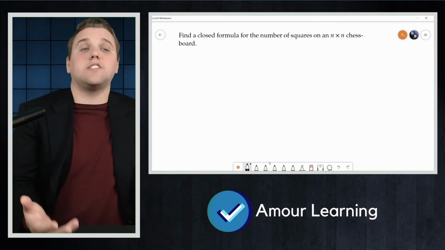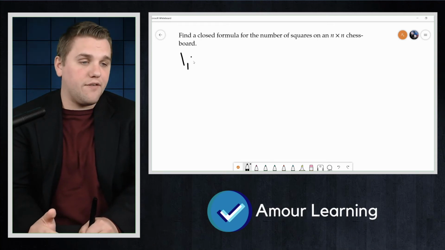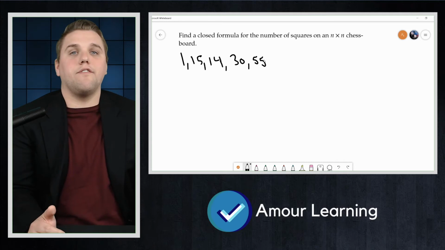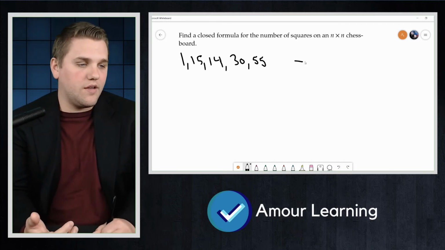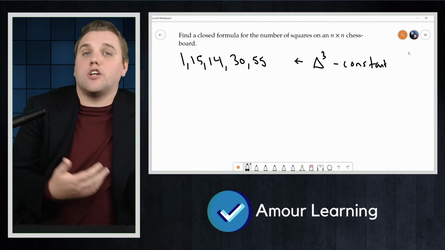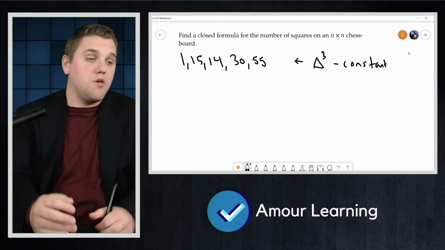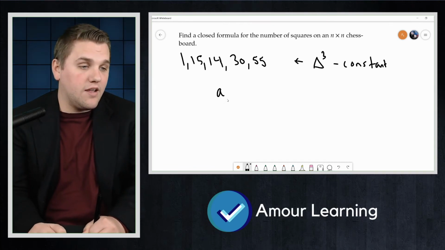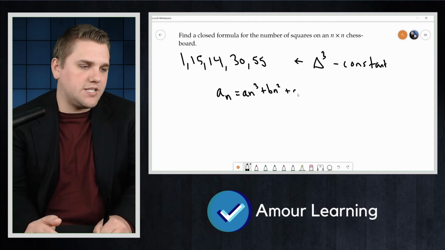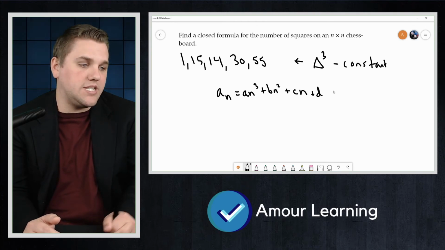Okay, so we've seen the sequence 1, 5, 14, 30, 55 is delta cubed constant. So we're looking for a degree 3 polynomial, meaning that a_n is going to be some a n cubed plus b n squared plus c n plus d.